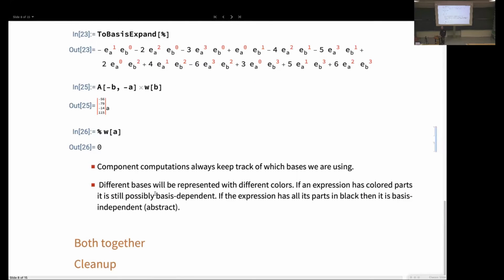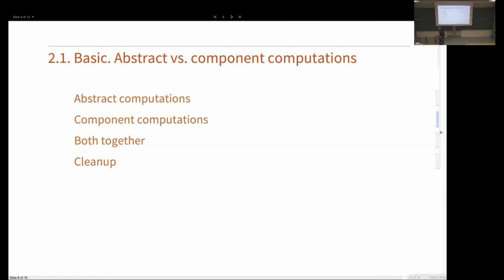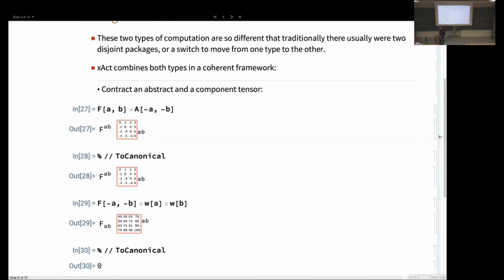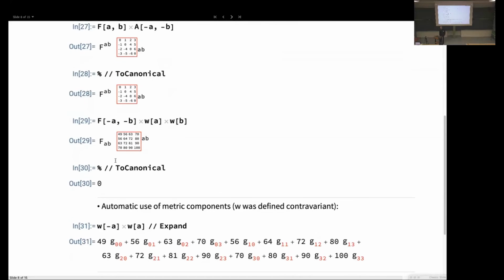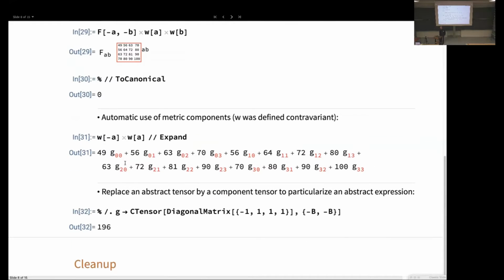Okay, so again, in here you can use as many bases as you want, change them, and all the Jacobians, everything is automatically taken into account. Sorry, I'm going very slowly. So we can do computations together. You see, this was an abstract tensor. This is a component tensor. Cadabra still knows how to handle it.